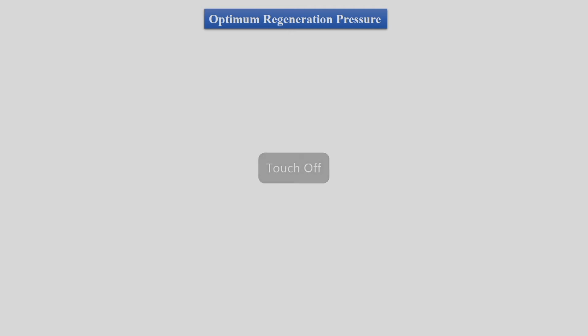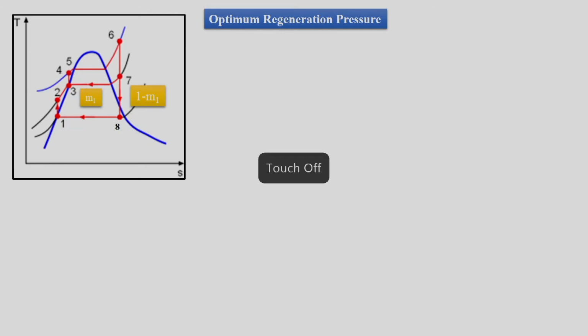So, we are supposed to find out what the optimum pressure for regeneration is. As we know, we do regeneration in the expansion process from 6 to 8, where we take bleed at 7.